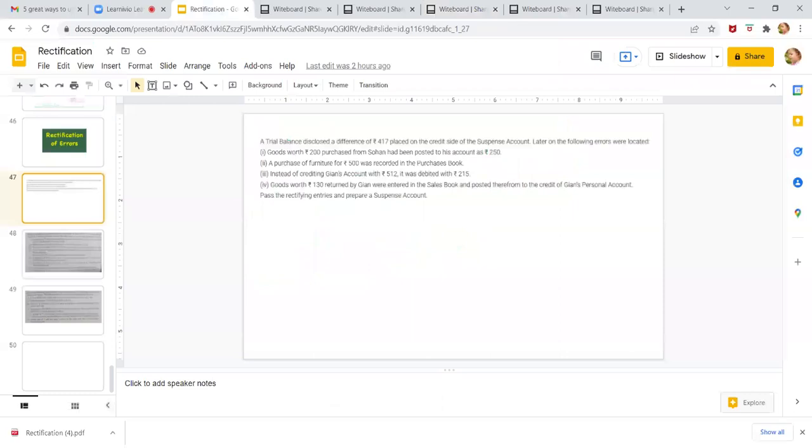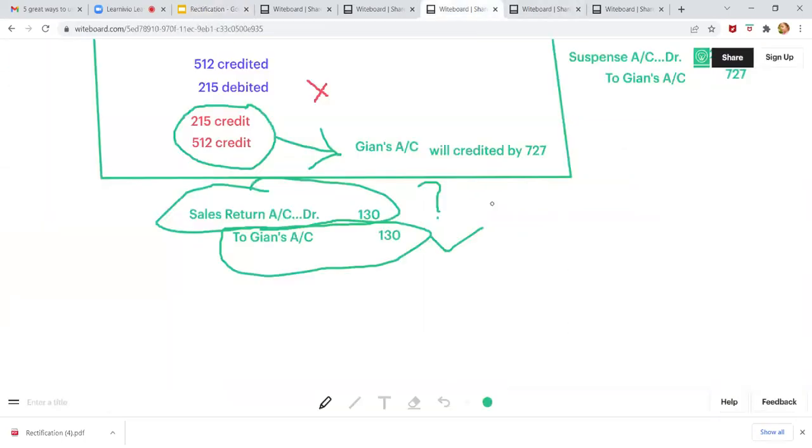So here what happened? Goods worth rupees 130 returned by Jian were entered in the sales book and posted therefrom to the credit side of Jian's personal account. So here there is one more account which is involved, that is the sales account, right?